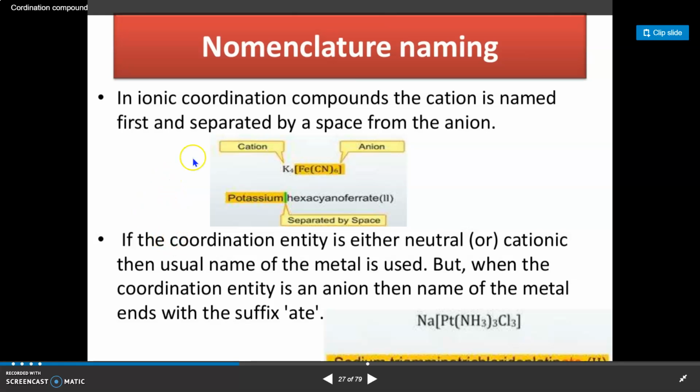Firstly, we see the rules for the complex or coordination sphere. If the coordination entity is either neutral or cationic, then the usual name of the metal is used. But when the coordination entity is an anion, then the name of the metal ends with the suffix ate.